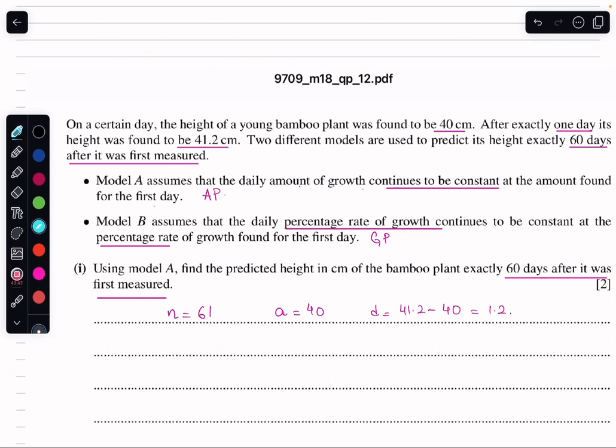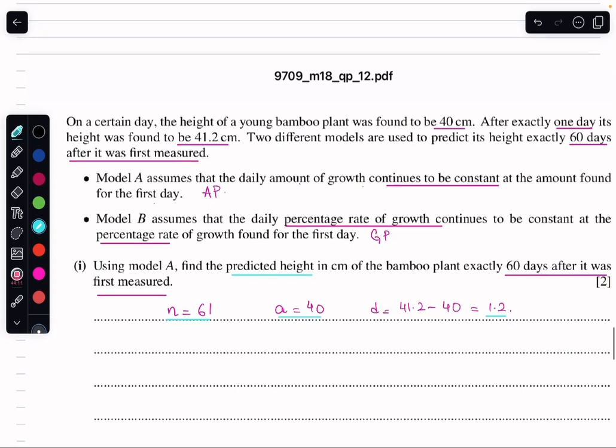So I have the d value, which is 1.2 here. a is 40, d is 1.2, and I have n, which equals 61. So we are supposed to find out the predicted height in centimeters of the bamboo plant 60 days after it was first measured, meaning n equals 61.